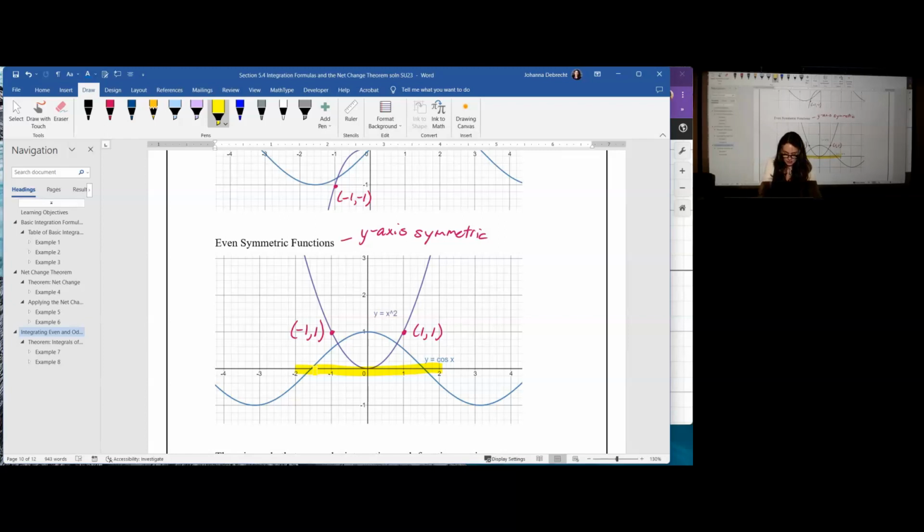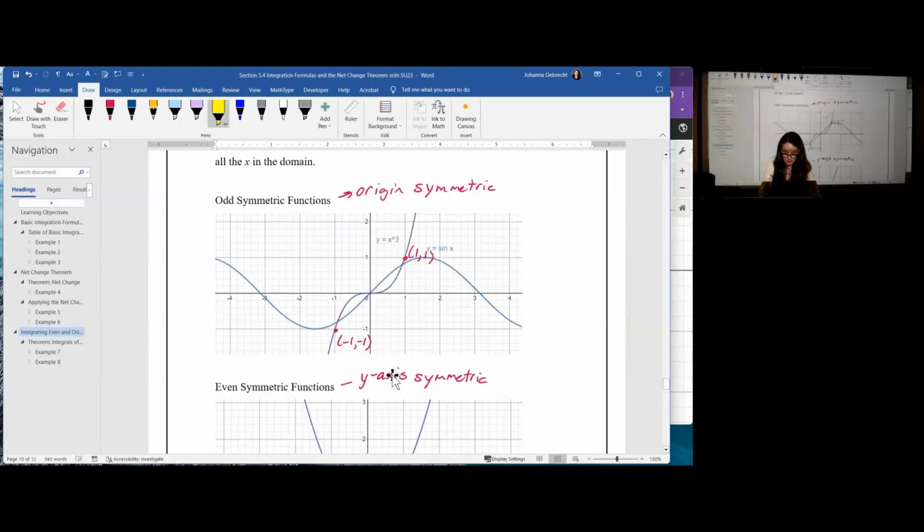Let's now take a look up here at the odd symmetric function, and I'll take a look at sine of x. For this one, we're going to go from -π/2 to π/2. When I'm looking at this region here, I'm thinking about the area that is above the axis and the area that is below the axis.